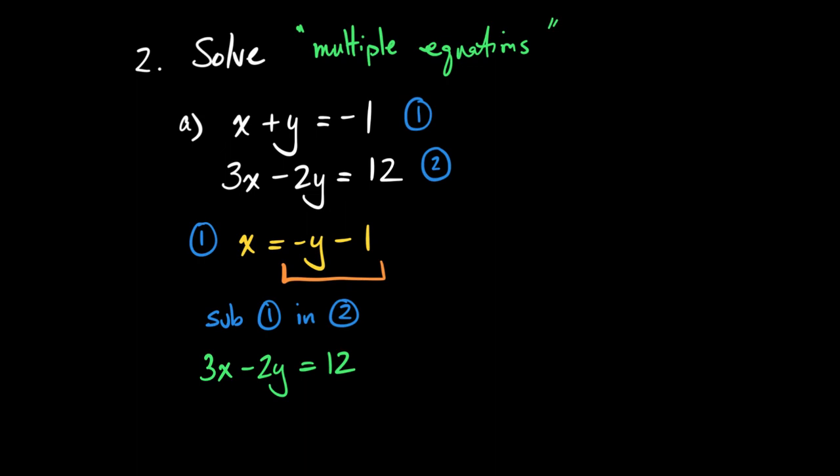But please feel free, you could start copying out equation 2, and right as I'm about to write that x, I'm not going to write that x anymore because I know that x is equal to negative y minus 1. I replace my x with what it's equal to, and I copy out the rest of equation 2. There is the act of me subbing one equation into the other.